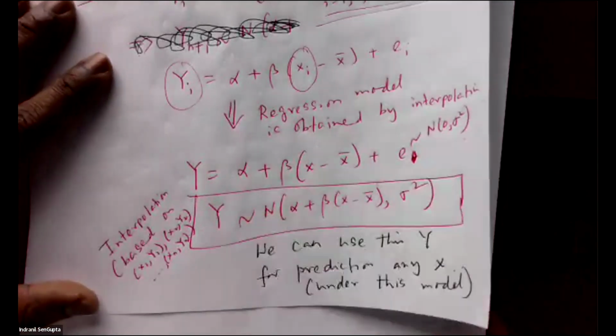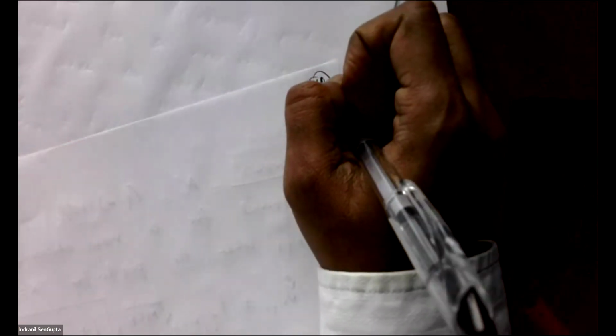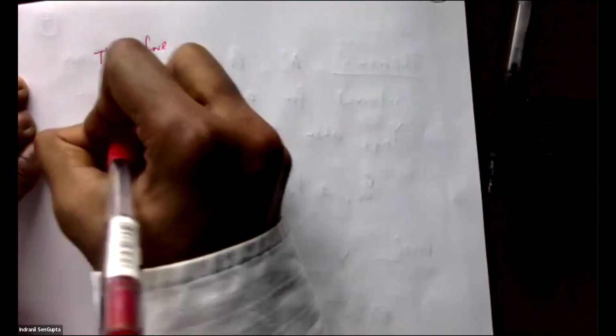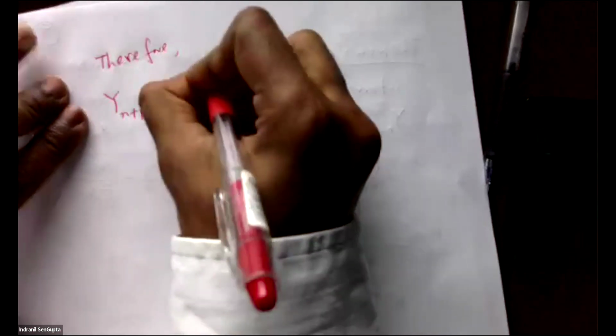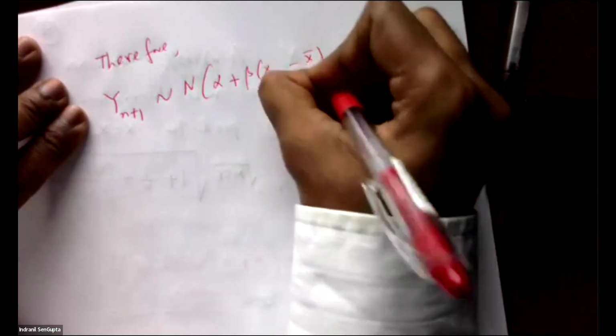So I can just take a value of x and then compute. It doesn't really change much of anything in the previous discussion. Therefore, we can write this y of n plus 1, for a brand new observation, follows a normal with mean alpha plus beta (x of n plus 1 minus x bar) and variance sigma squared.